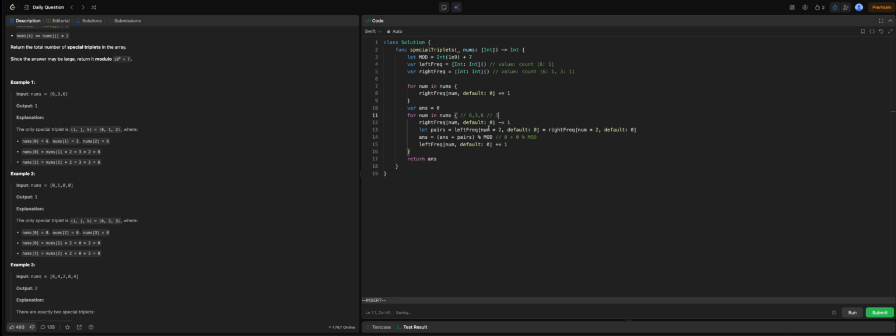So now we detect the 3 from here. So 3 becomes 0, and then we calculate the pair, like 3 multiplied by 2, which is 6. Is 6 in the left frequent? That becomes 1. And then the same for the right frequent, that is already... wait.